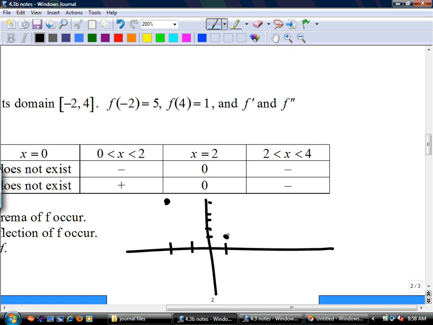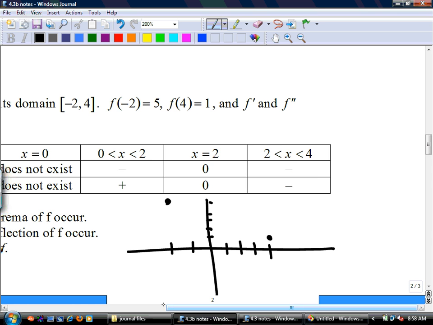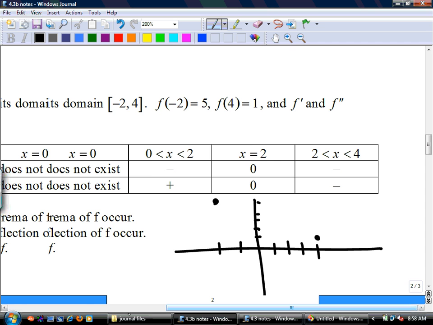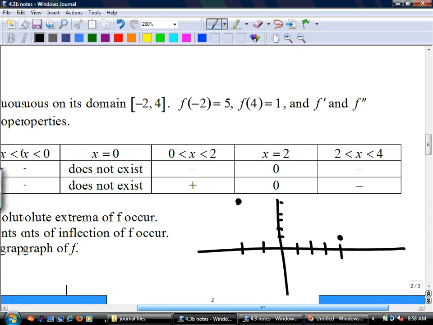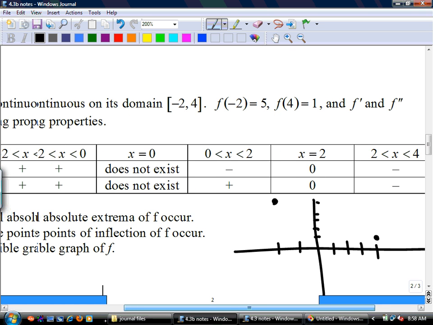Oops. I'm an idiot. How's that so far? Got the 2 points. Okay, what else? I'm going to zoom out a little bit.